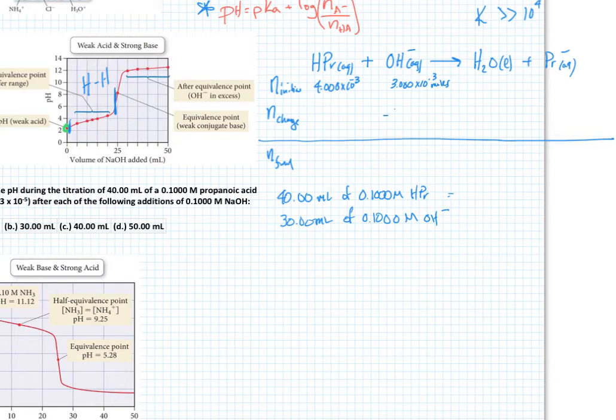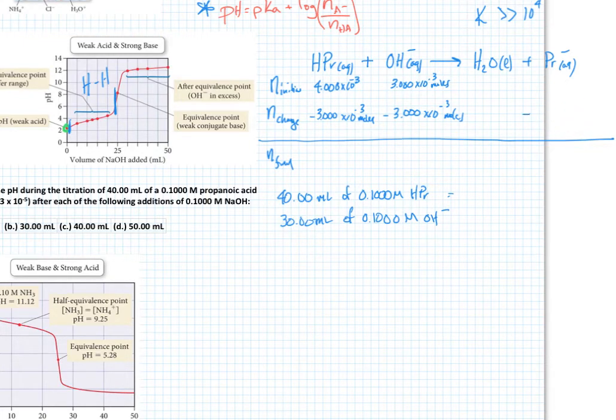All right, so let's fill in the rest of this table. So this is going to be minus 3.000 times 10 to the minus 3 moles. This one's minus 3.000 times 10 to the minus 3 moles. And when this goes down, this has to go up. Now we could add that amount of moles of water, but that's really insignificant compared to the total amount of water. But it is significant for the amount of propionate ions.